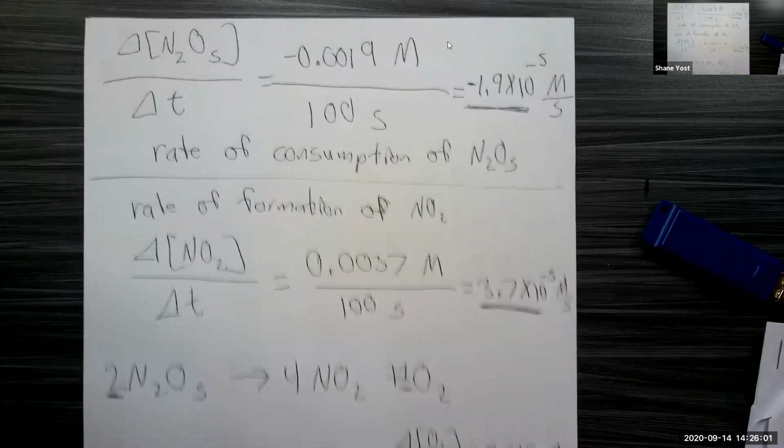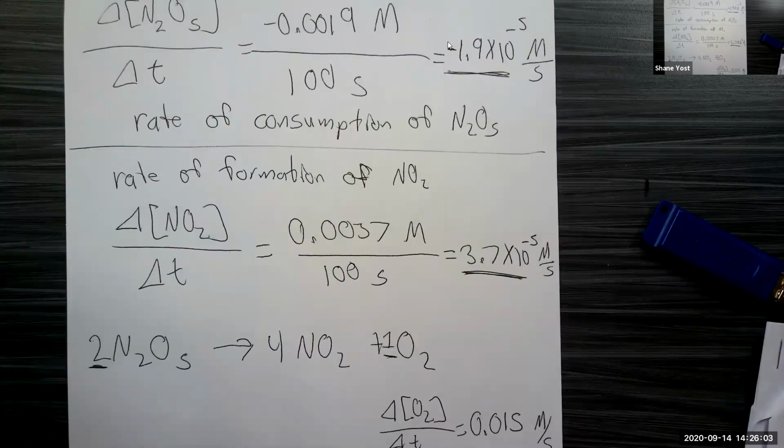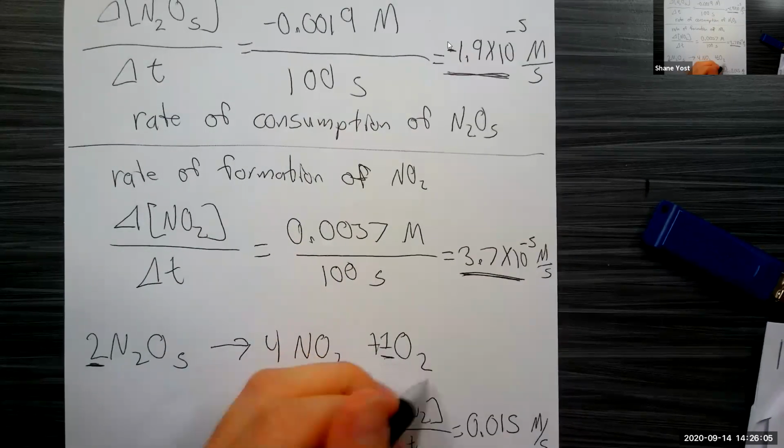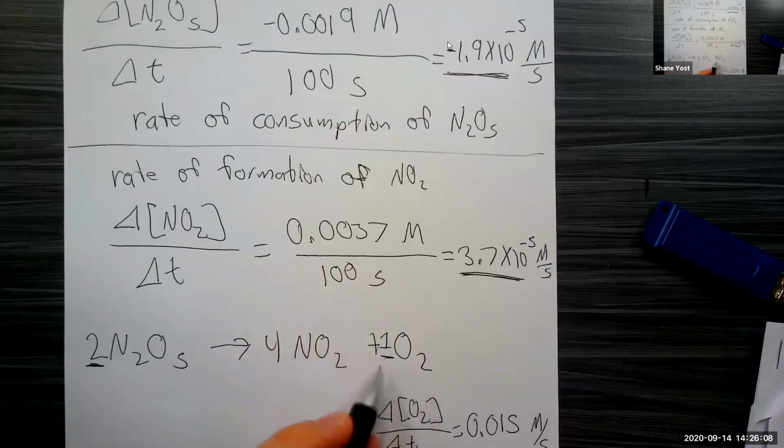I like to think, if I form 1 mole of O2, I would form 4 moles of NO2, and I would lose 2 moles of N2O5.